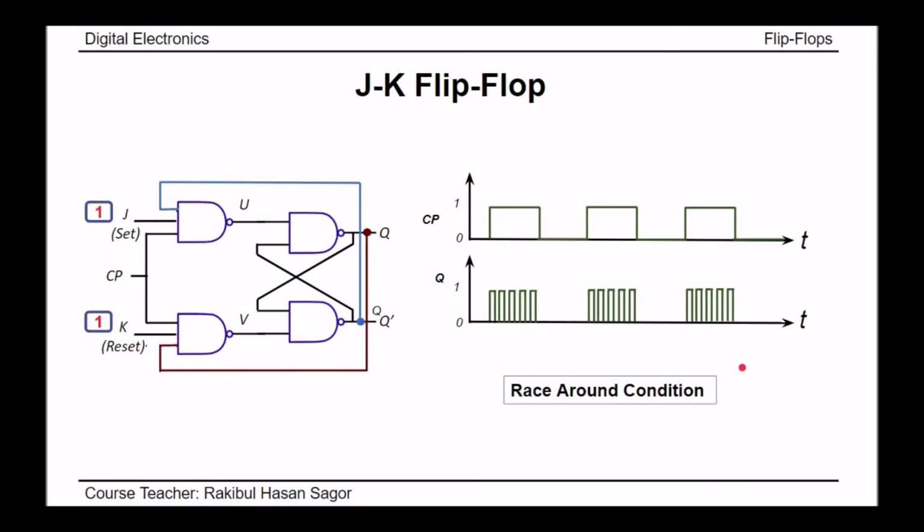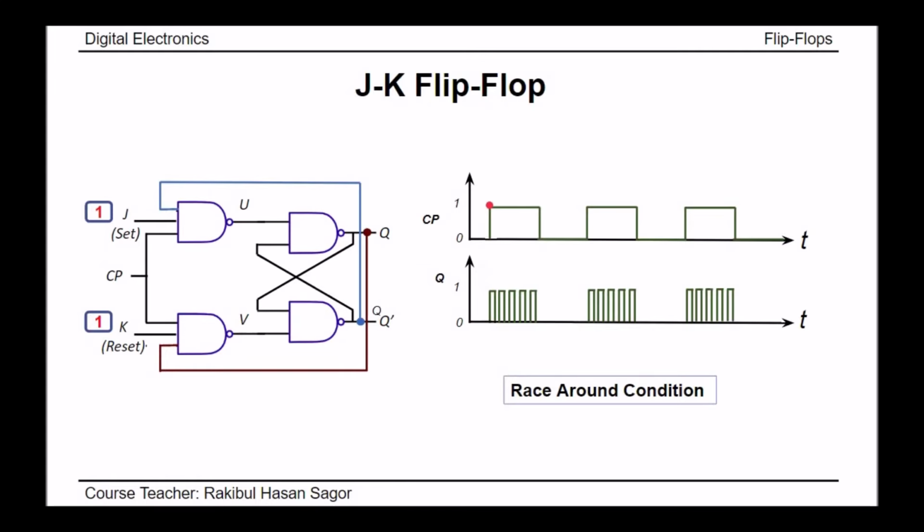How can we get rid of this condition? First of all, one of the methods that we already followed is to use an edge-triggered flip-flop. Edge-triggered means that there is a pulse transition detector. So when the clock pulse goes from 0 to 1, the timing of the triggering is very small, less than our logic gate response time.